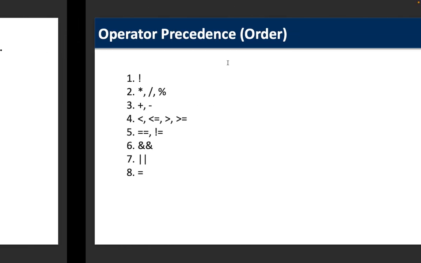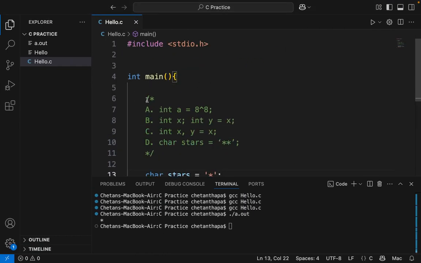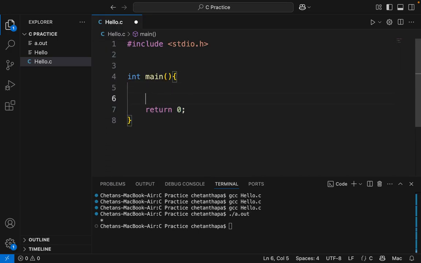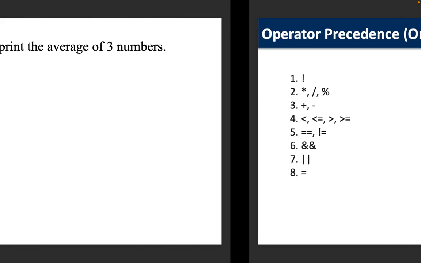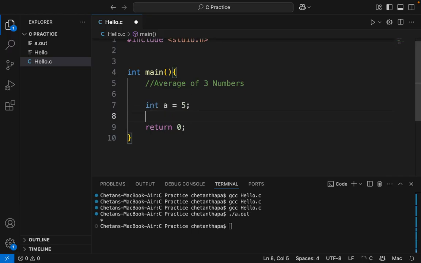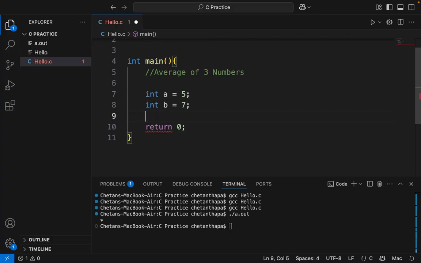How will you do it? Let's say average of 3. int a is equal to 5, int b is equal to 7, int c is equal to 9.